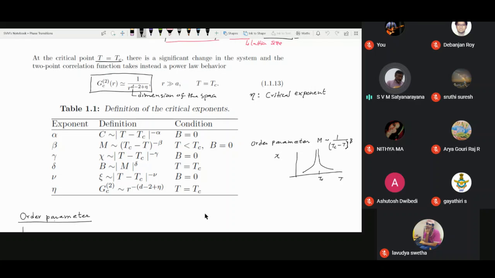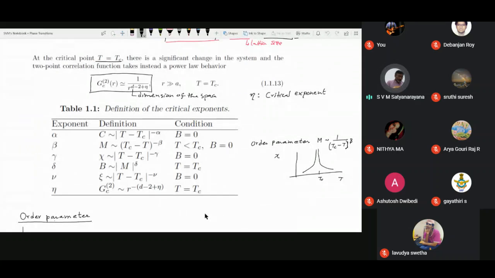In the paramagnetic to ferromagnetic transition, the microscopic constituents are magnetic dipoles, and the interaction between them is dipole-dipole interaction or a spin-spin interaction. And in the superfluid to normal liquid transition, there is a strong overlap of the wave function, and of course there are other interactions.